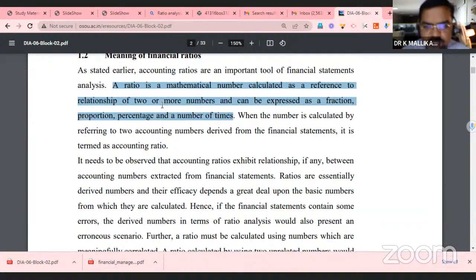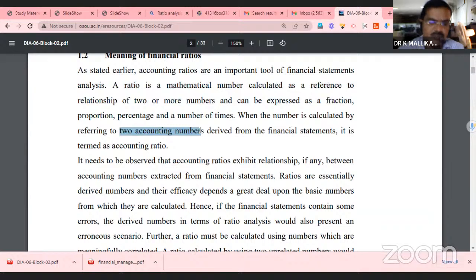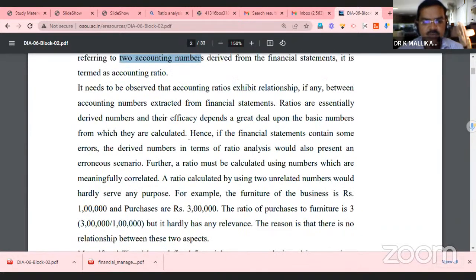So a ratio is a relationship between two numerical numbers, sometimes more. We take two years of data, two accounting periods, sometimes one accounting period, to analyze this ratio relationship.